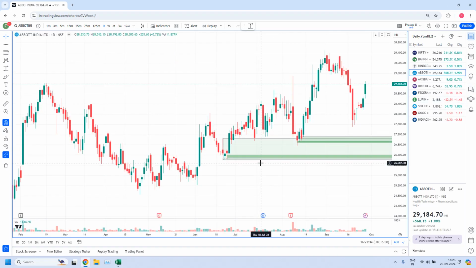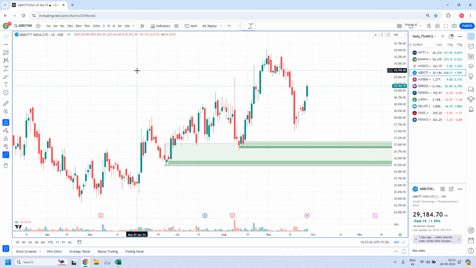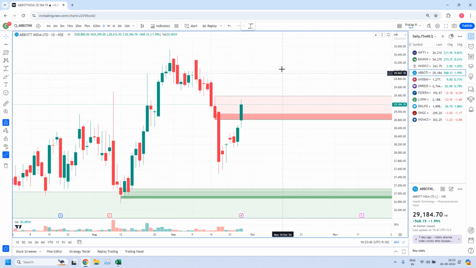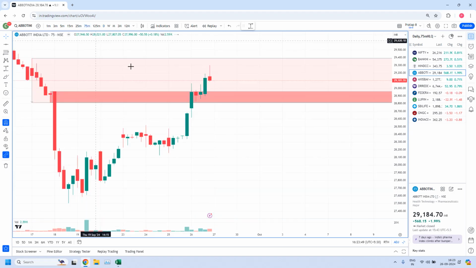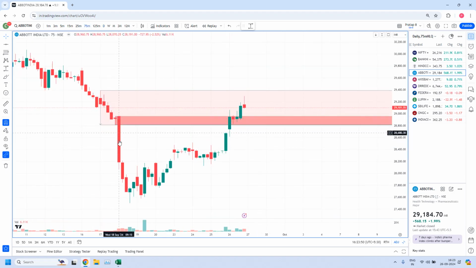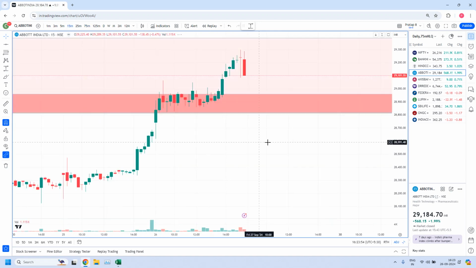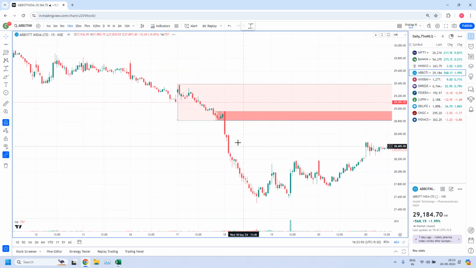About India has a daily high liquidity supply zone. This is the one, drop base drop, identified by our software. And on 75 minutes I fine-tuned the drop base drop. And on 15 minutes there is no proper structure.